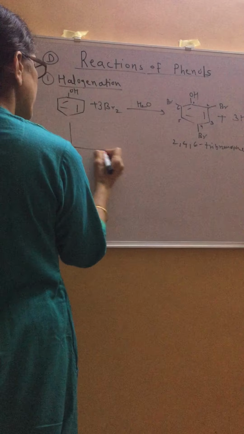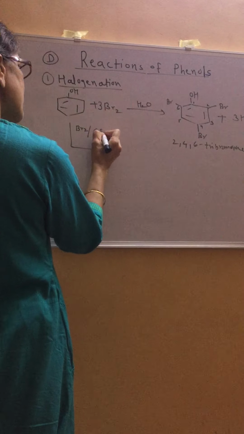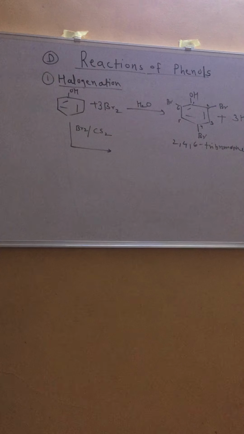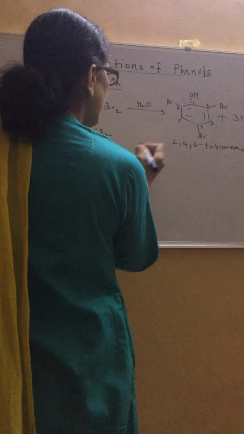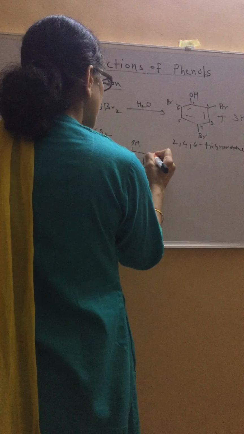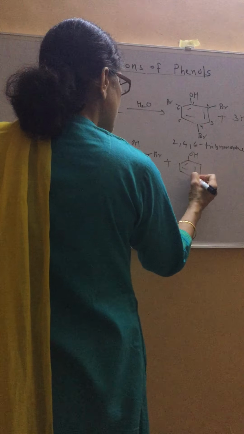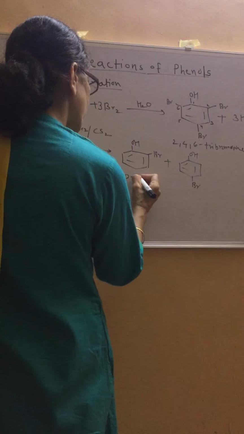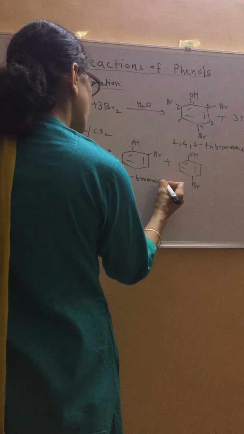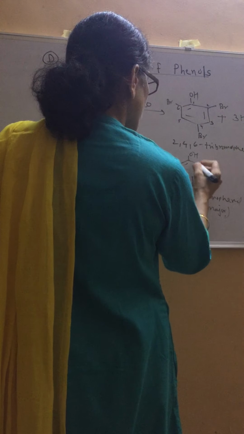If phenol is treated with bromine in presence of carbon disulfide or carbon tetrachloride or chloroform as a solvent, instead of getting this 2,4,6 tribromophenol, we will get a mixture of two different products, orthobromophenol and parabromophenol, which is the major product because of the steric hindrance.